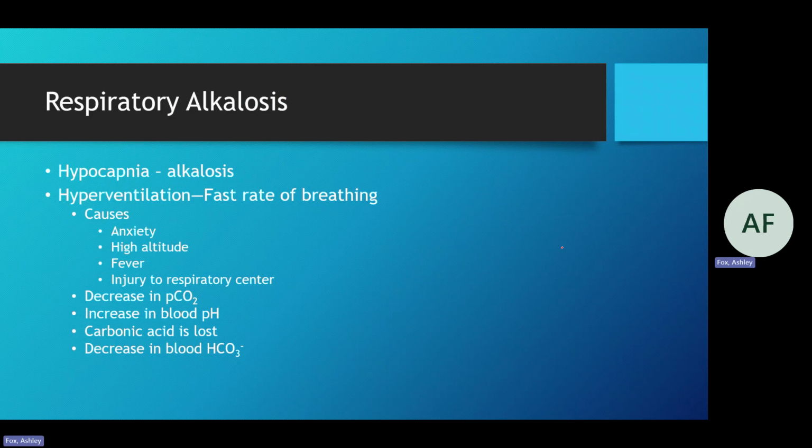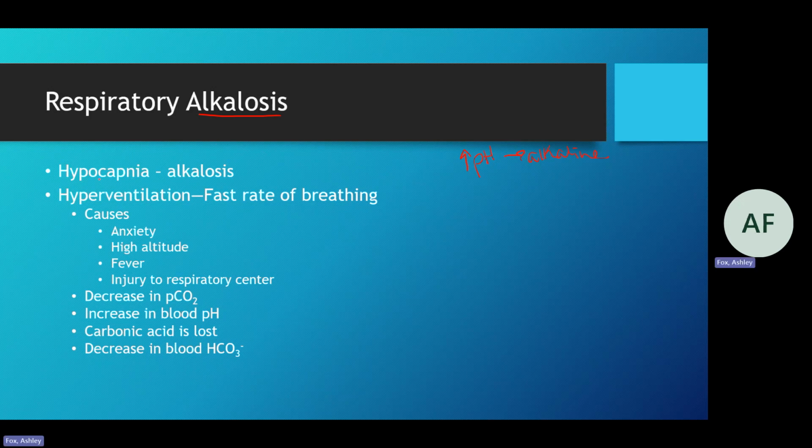Now we're looking at the opposite. When we say a high pH, oftentimes we use the term alkaline instead of basic. So respiratory alkalosis is because of a higher pH due to your respiratory rate.